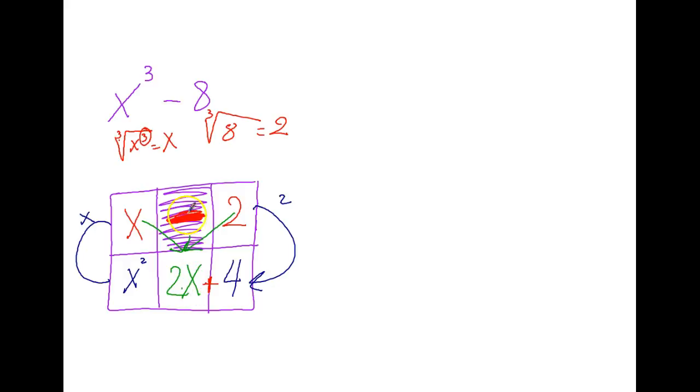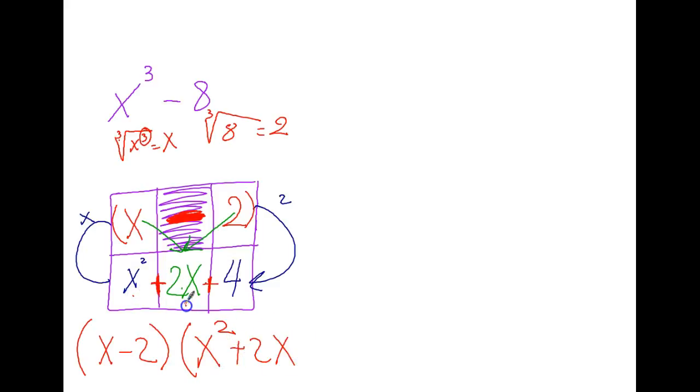My original sign was a minus, so here I'm going to have a plus. It's the opposite of this sign. If that was a minus, that's a plus. And you're done. So my 2 parentheses are: the first parenthesis, x minus 2. The second parenthesis is x squared plus 2x plus 4.